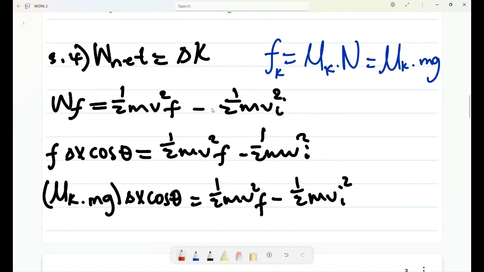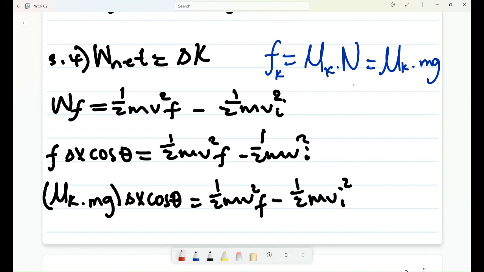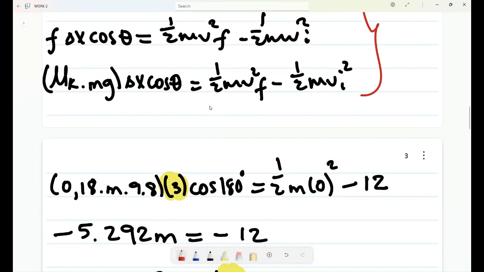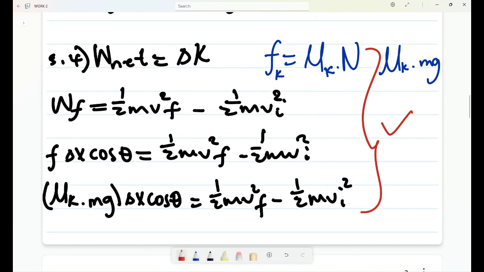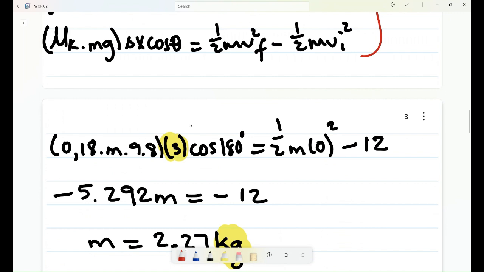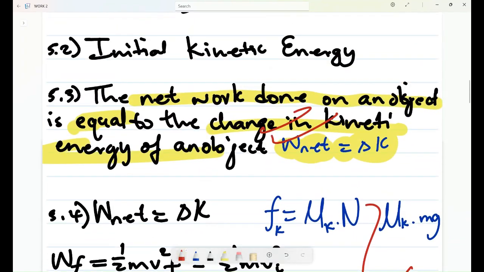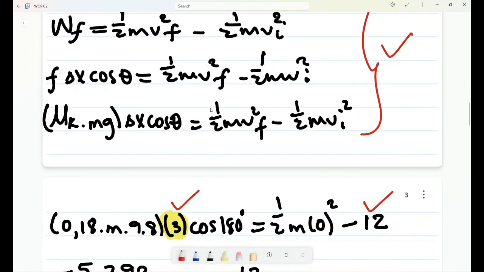How do they mark this? Your formulas, this is your manipulation. You still haven't got a mark. You get 1 mark for substituting 3 here and substituting 12. For you realizing that this is mu k times the normal force, you get a mark here.